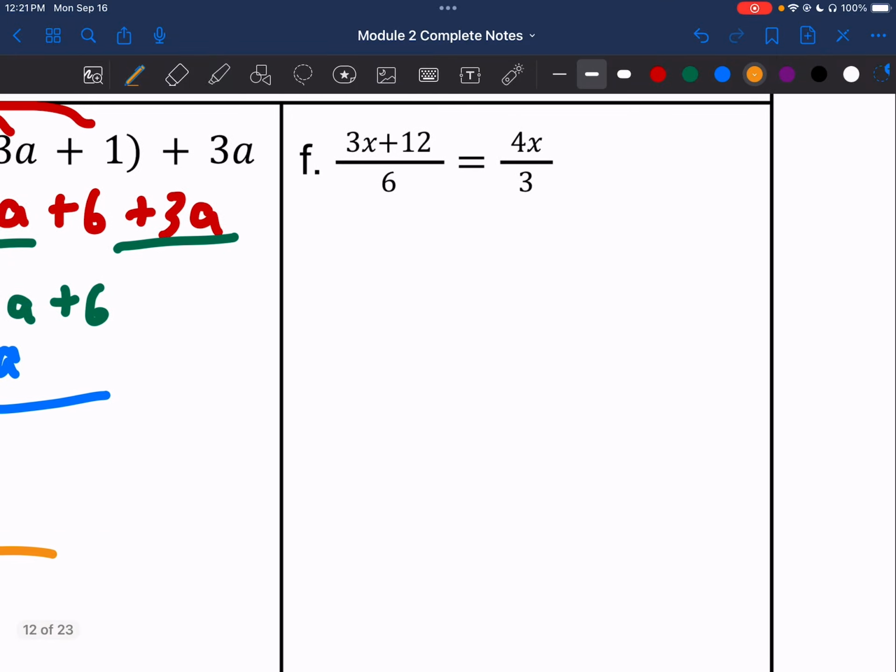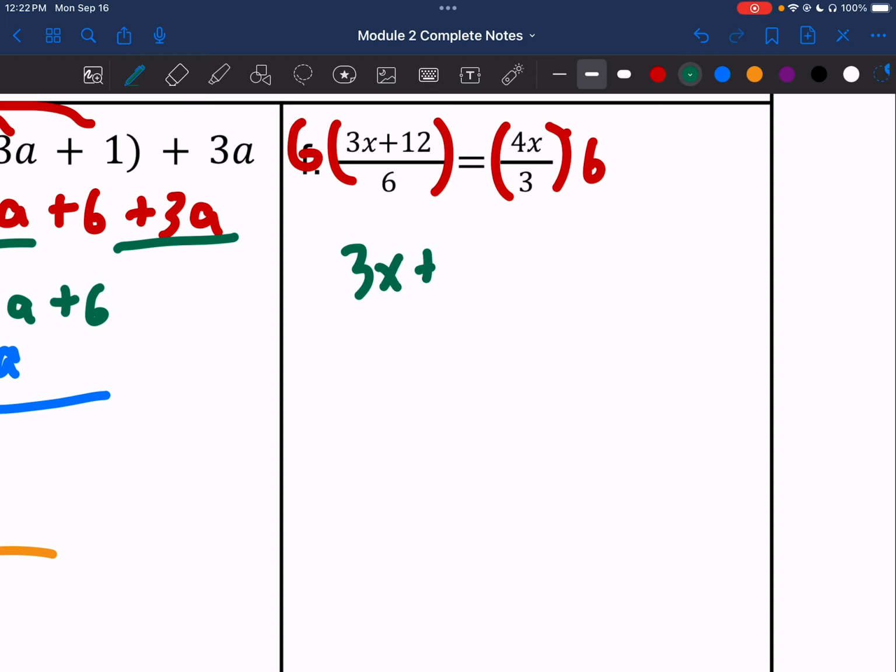Letter F, we are going to start off with this one by multiplying both sides of our equation by 6. And we'll end up with 3x plus 12 is equal to 6 times 4. So if we just do this off to the side, 4 over 3 times 6 over 1.